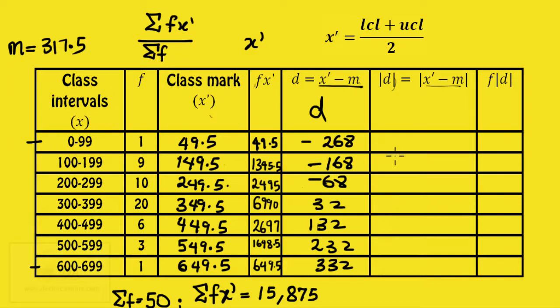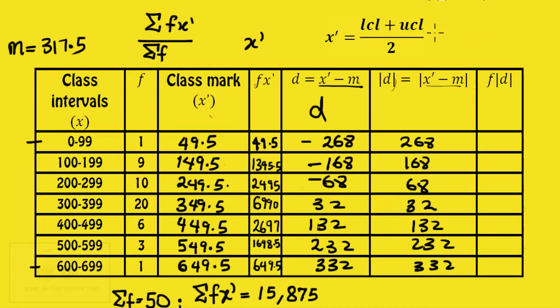To determine the magnitude of the deviations, all you have to do is ignore the signs of the deviations. So this just gives 268, 168, 68, 32, 132, 232, 332.